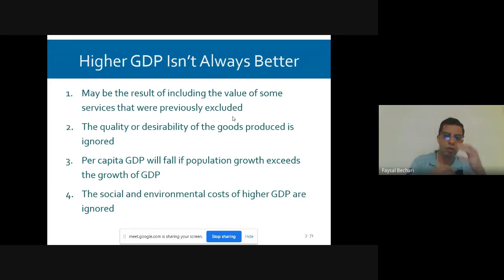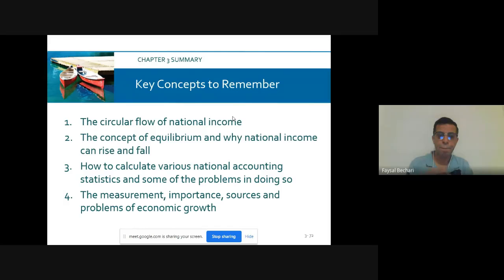So you also need to take that into consideration. And the social and environmental costs of higher GDP are sometimes ignored. For example, you become a super high consumer and you start throwing plastic all over the place without considering recycling. These things come with higher GDP, because higher GDP means more consumption.